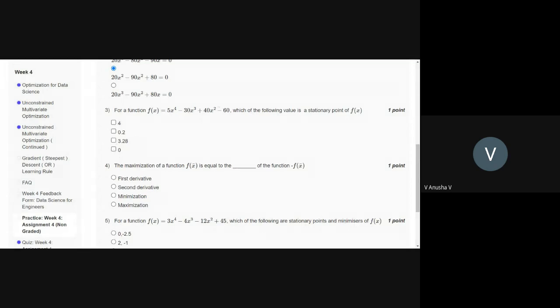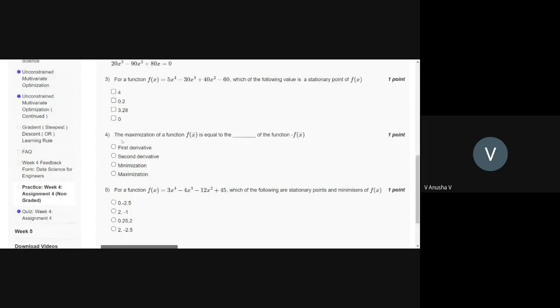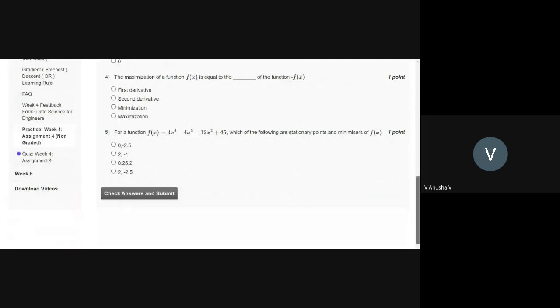So 0 will definitely be one of the stationary points. Then it will be 3.28 also. Next, the fourth option: the maximization of a function is equal to the minimization of the negative of the function. The maximization of a function will always be equal to minimization of the negative of the function. Okay, that is the answer.